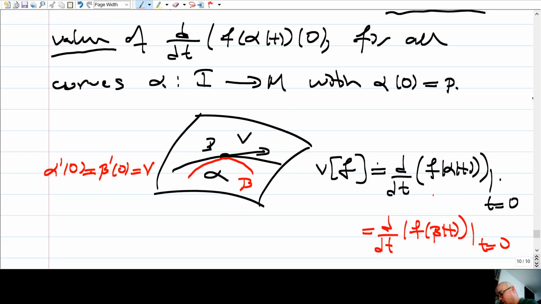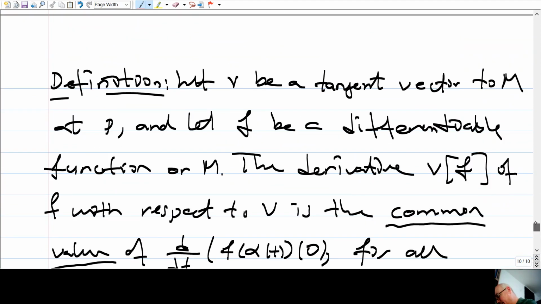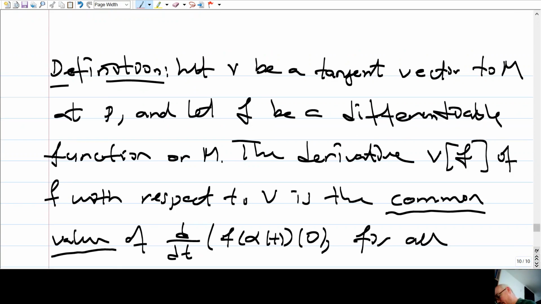If you just compute these derivatives, all you need is the derivative of alpha at the point 0, but the derivative of alpha at the point 0 is the same as the derivative of beta at the point 0. Therefore, it doesn't matter which curve you pick. You may pick alpha or beta, you will end up with the same result. That's why we say here the common value.